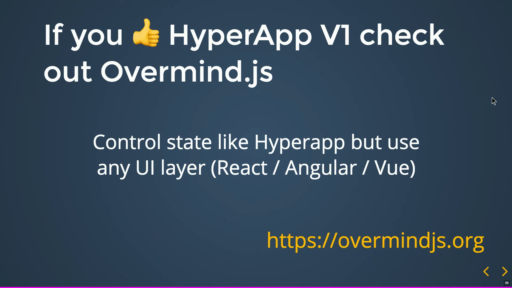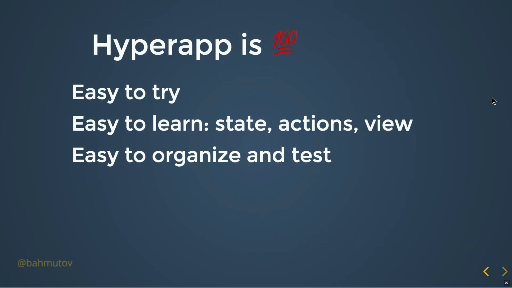I was just blown away when I saw it. And it already supports all the popular libraries. Much better than Redux, if at this point you're using Redux. For me, Hyperapp was just the perfect combination. It was so easy to try, so easy to learn, because there's like one function.